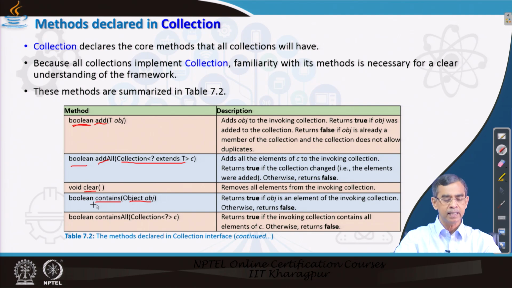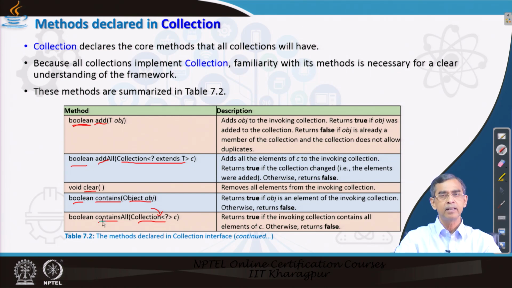If it is present, it returns true. If it is not present, it returns false. containsAll is like contains, but with a collection, that means you give a set of elements as input, and it will search whether those elements are there in the existing collection or not.